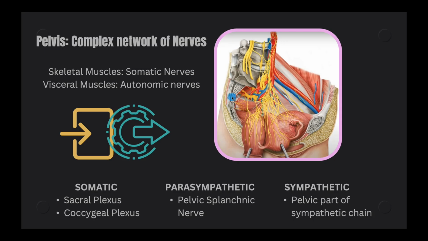We need to simplify our concepts because, as you can see in this diagram, the pelvis is a complex network of nerves. To simplify it, there are basically two groups of nerves. One, which supplies the skeletal muscles, is called somatic nerves, and the ones which supply the visceral muscles are called the autonomic nerves. Autonomic nerves can further be divided, as you all know, into sympathetic nerves and parasympathetic nerves.